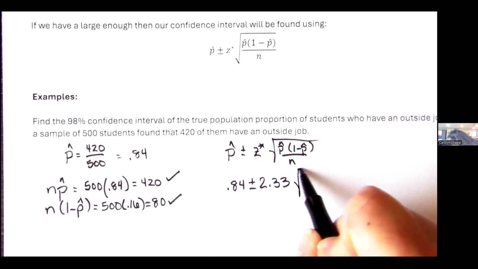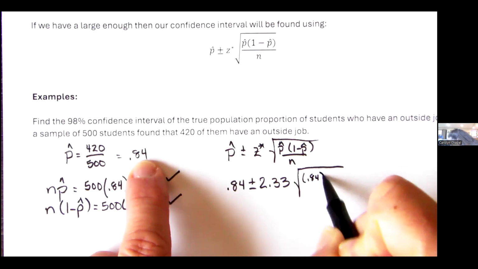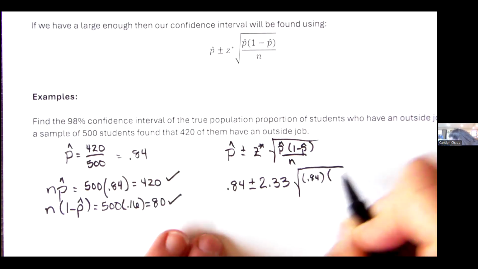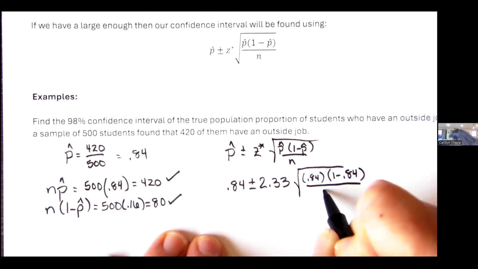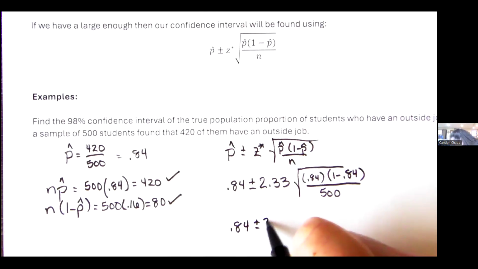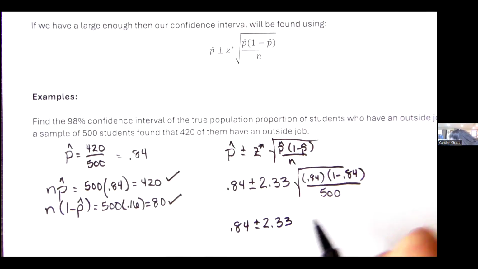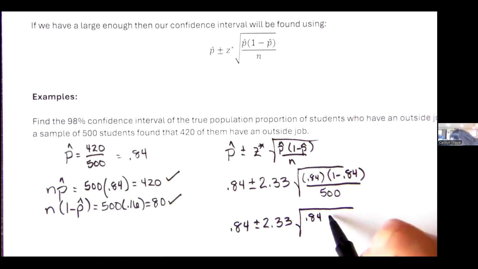Now I'm going to put all my pieces in. My P hat is 0.84, my 1 minus P hat is 0.16, and my N is 500. Let me clean this up a little bit: 0.84 multiplied by 0.16, divided by 500.